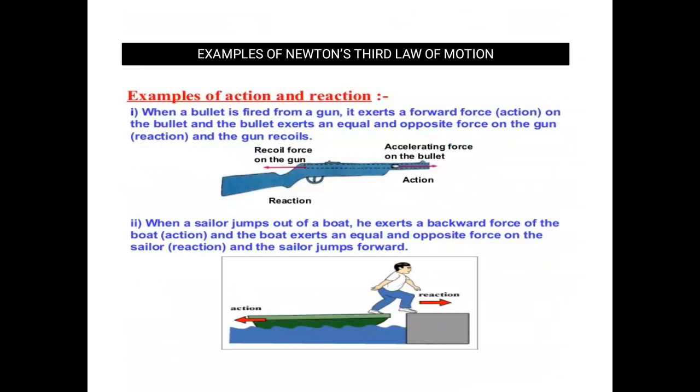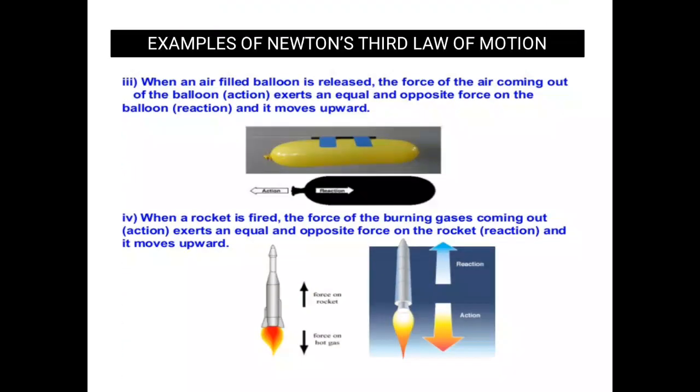Now in example 2, when a sailor jumps out of a boat, he exerts a backward force on the boat, which is the action, and the boat exerts an equal and opposite force on the sailor, that is the reaction, and the sailor jumps forward. You can see in the figure very clearly. Now some more examples of Newton's third law of motion.